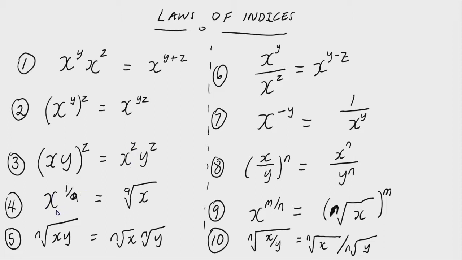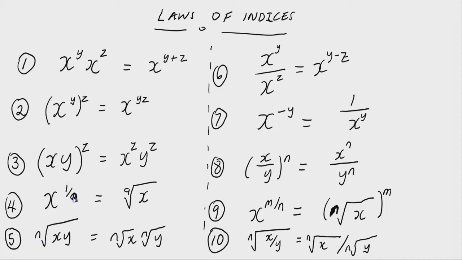So here, x raised to the reciprocal of a means you take the root of x with respect to a. And it could be anything. If this is x raised to the 1 over 2, then you're just going to be taking the square root of x.